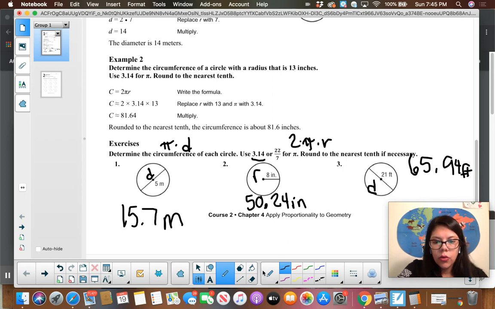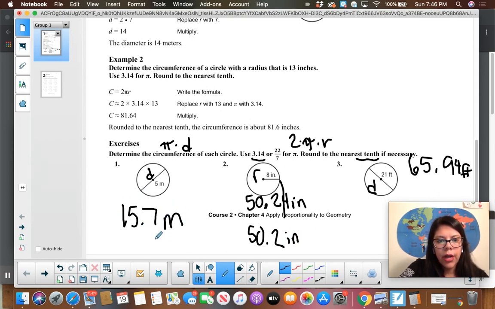I also just noticed, and I didn't pay attention, round to nearest tenth. This one was already like that. We can round number 2, 50 point. If it's going to be round to the tenths, I'm going to cut it off right there. And the 2 stays 2. Number 1 stays 15.7.